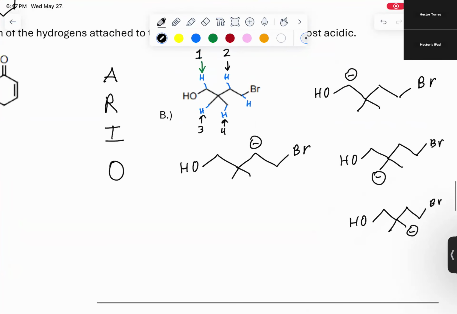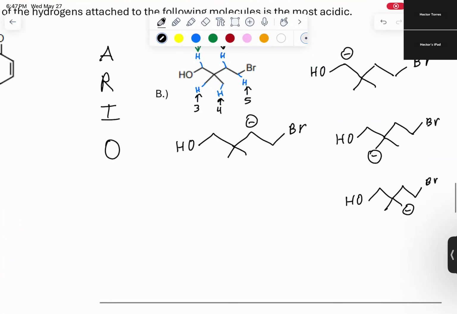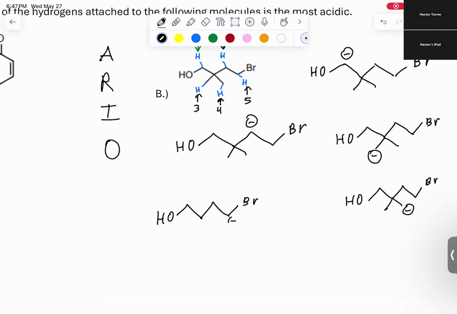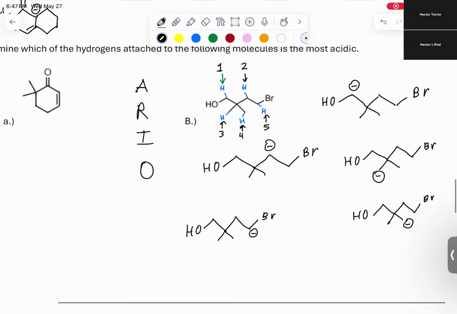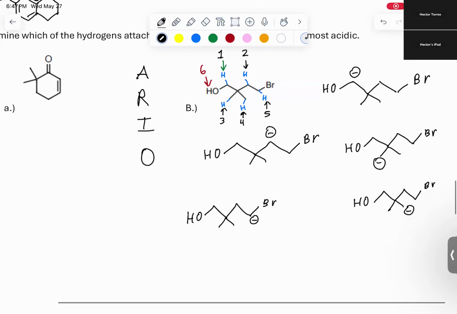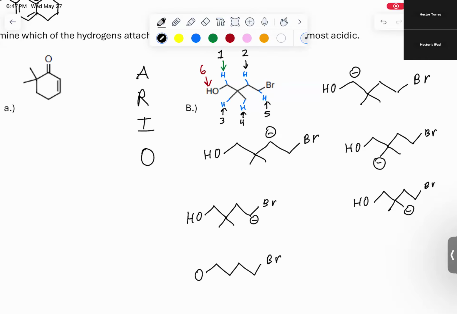Option 5. Negative charge right here. And there's actually a 6th one that we forgot, which is one of the most important ones. It's this one right here, 6. So make sure that you don't miss any of the hydrogens.